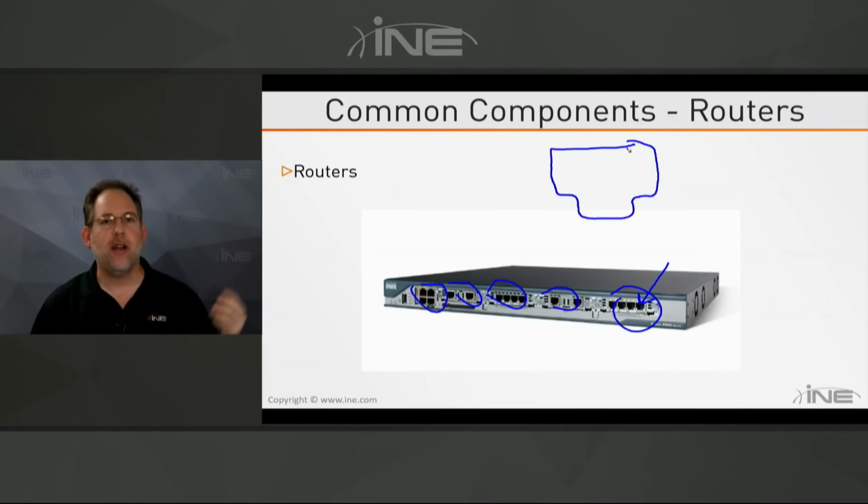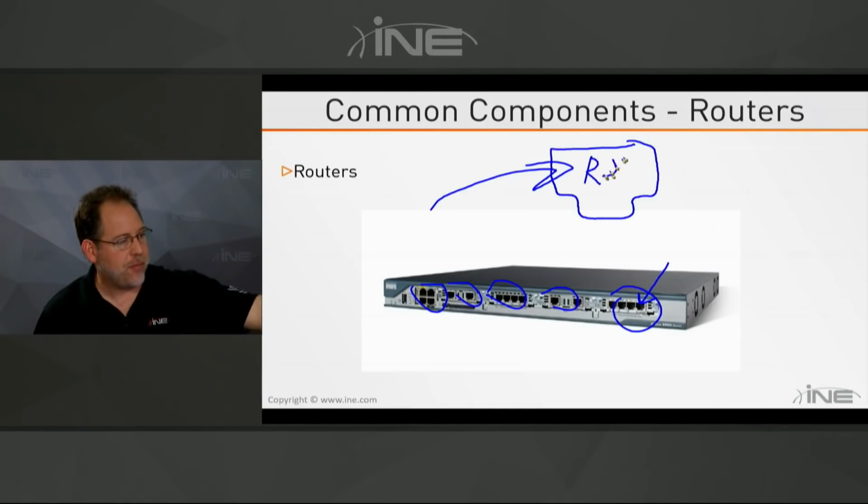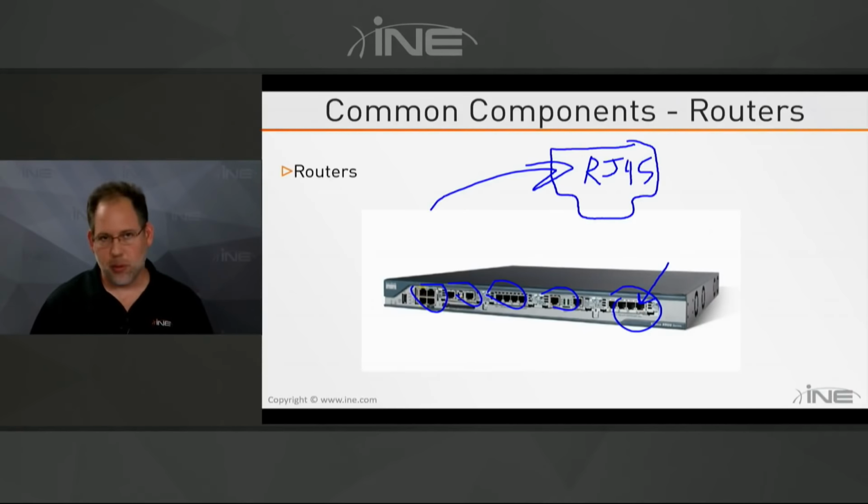Ethernet is one set of rules, one set of protocols for accessing networks. There are other sets of rules, other sets of protocols that also just happen to use the exact same type of jack, RJ45. So it's entirely possible that some of these jacks on this router are being used for Ethernet, and some of these jacks are being used for other types of features, other types of protocols as well.